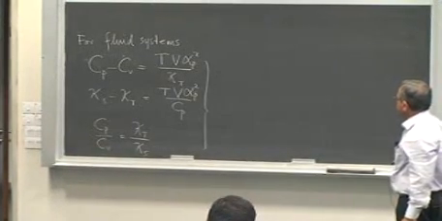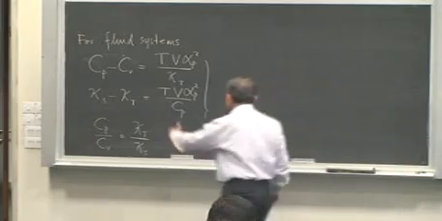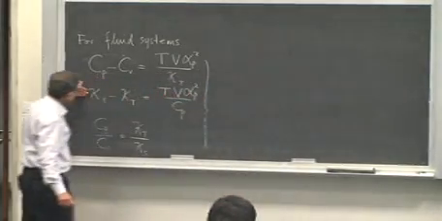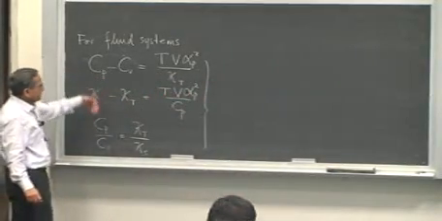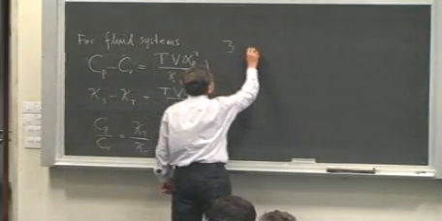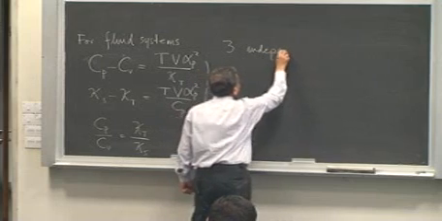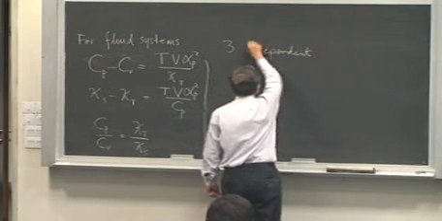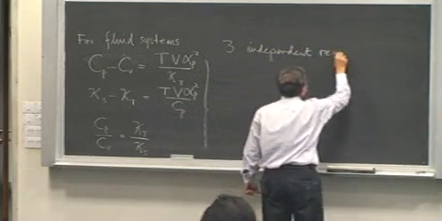That is not the case. The third one is actually obtained from here, or this is obtained from here, whichever way you see it. So there are at least three independent response functions.